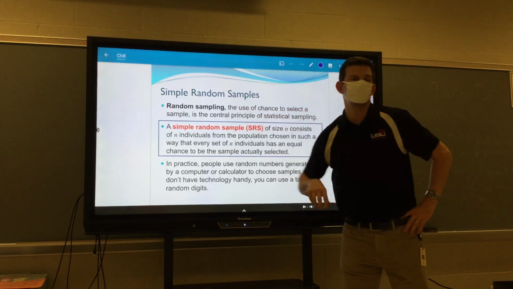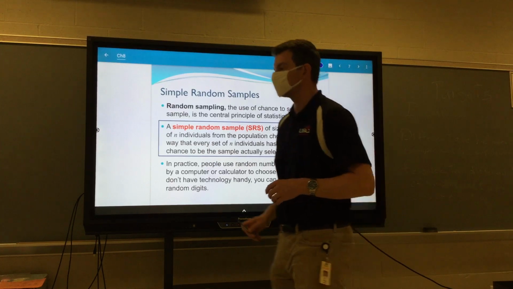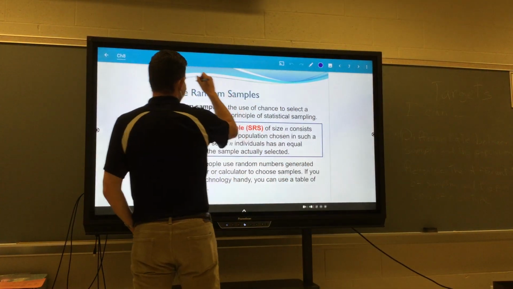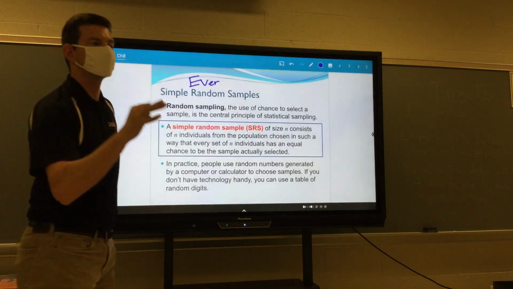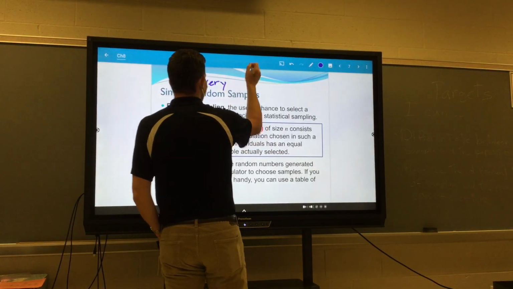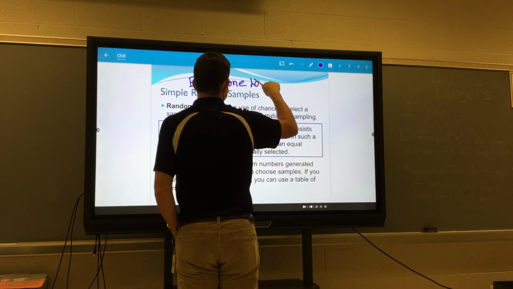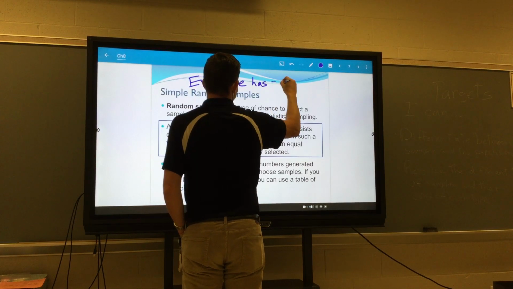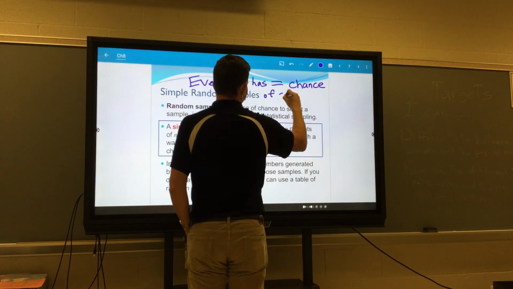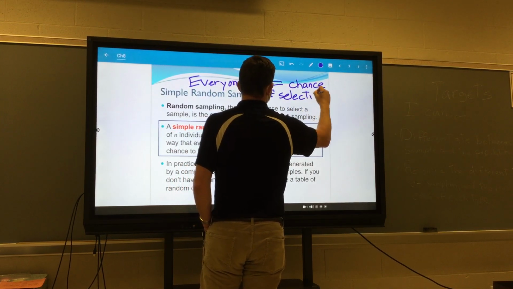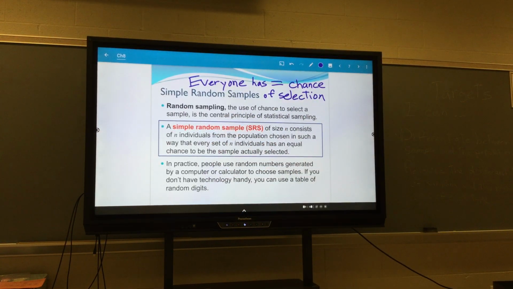Now, this word random, we have a loose idea of what it means, but in a statistical sense, random means everyone in the population of interest has an equally likely chance of being selected.